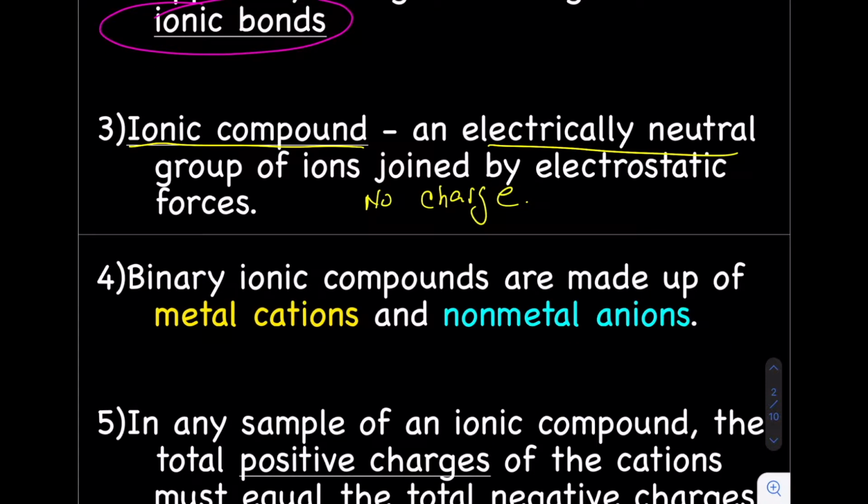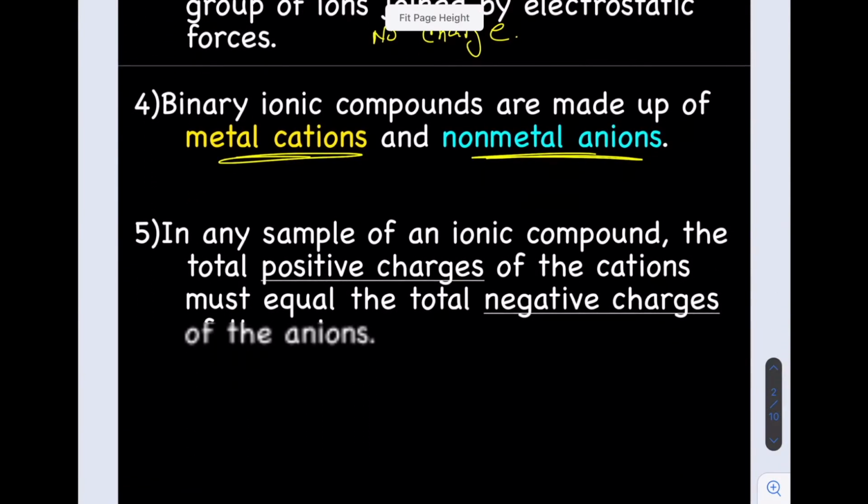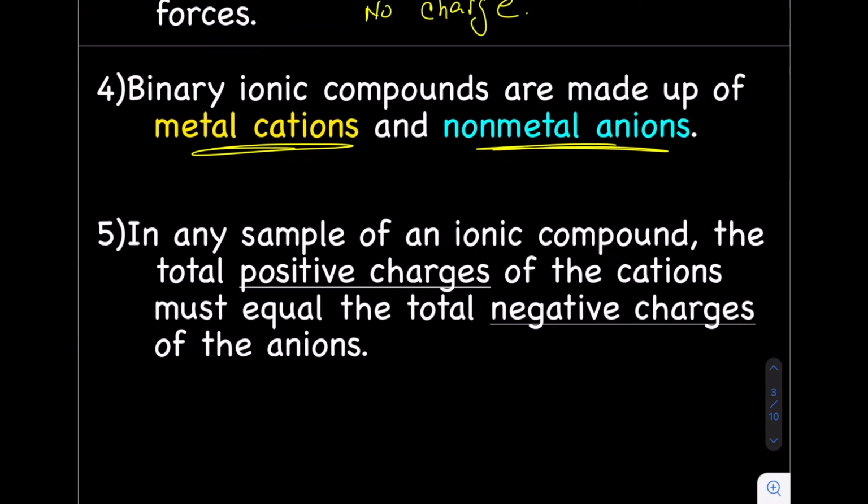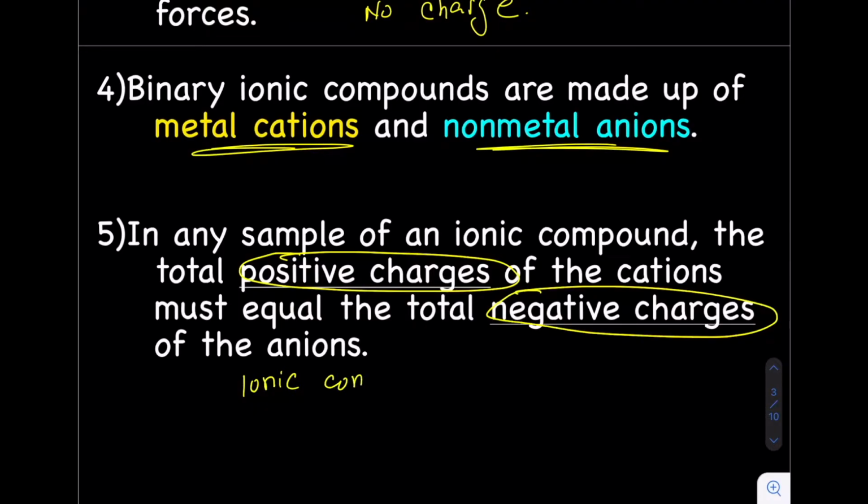All right, so binary ionic compounds are made up of metal cations and non-metal anions. In a sample of an ionic compound, the total positive charges of the cations must equal the total negative charges of the anions, and that's so that the ionic compound will be neutral.